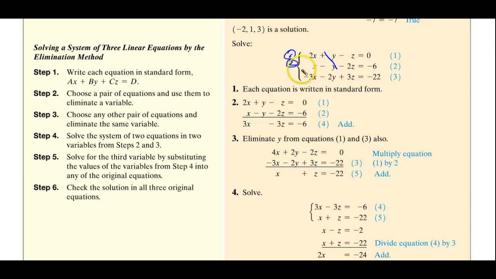And then if you took equation 2 and equation 3, by modifying equation 2 by a -2 each term, then the y's would cancel out there. And that's what they're doing. And now that you have 2 equations with only 2 letters, you then do what we were doing, eliminating the other letter till you just have 1.